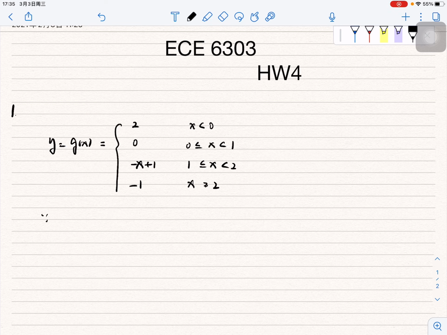And we know y is larger than minus 1 and less than 2. We can get the distribution of function of y: it is 0 when y is less than minus 1, and 1 when y is larger than 2.